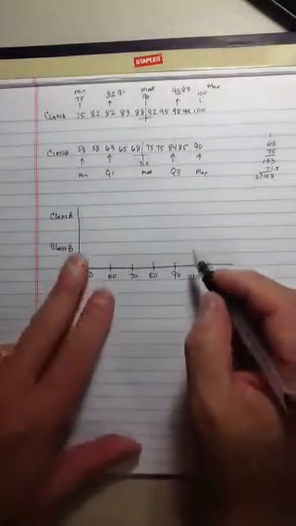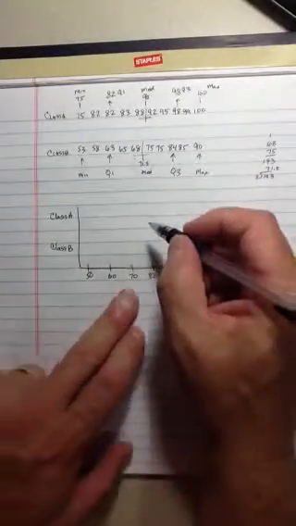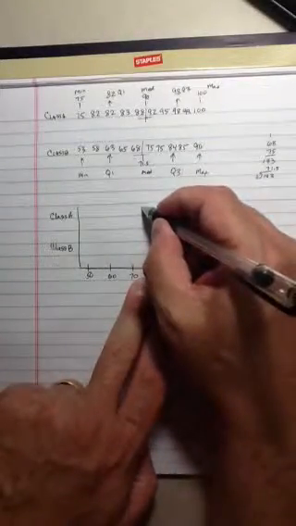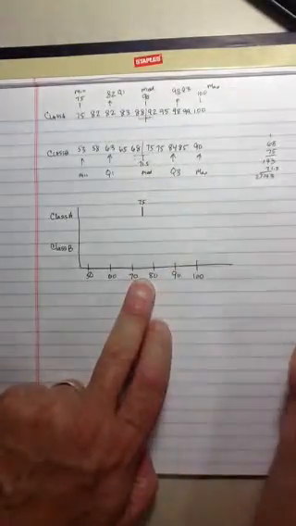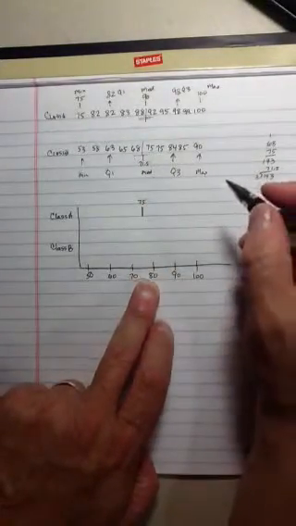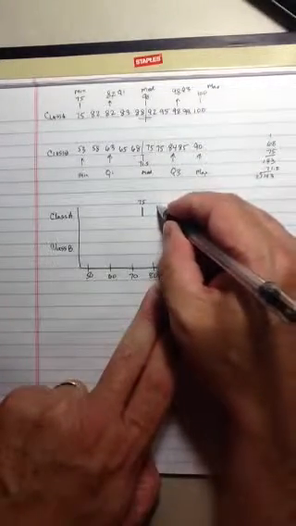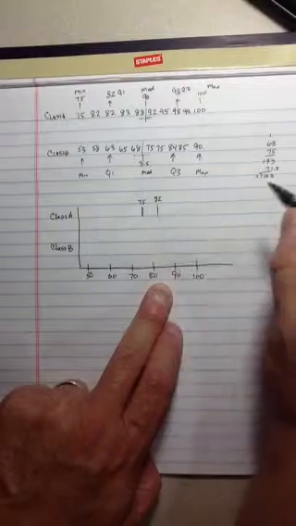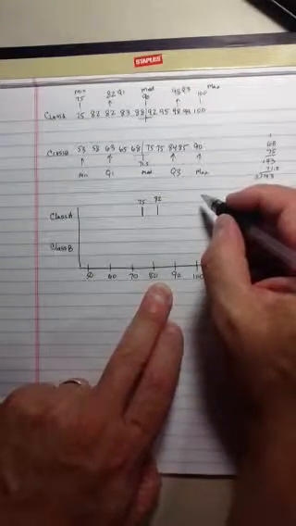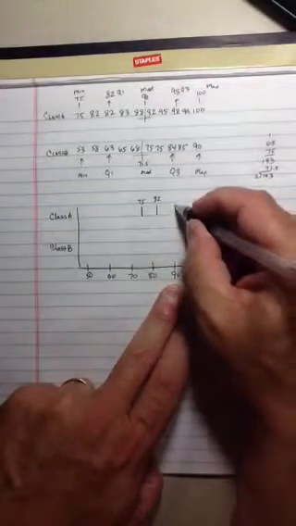Now the key here is to do the vertical lines at each of the numbers of the 5-number summary. So at 75, I'm going to estimate that to be right there, and I'm going to write 75 above it. And at 82, I'm going to write an 82 above it. I'm eyeing that up here. The next one is a 90.